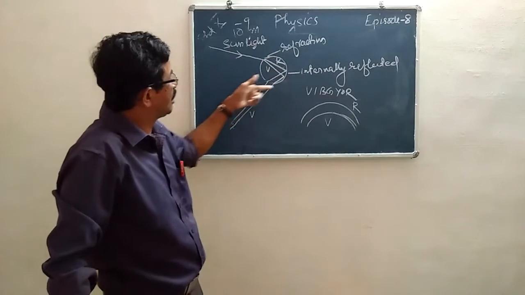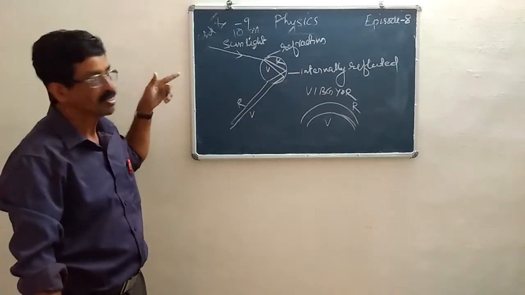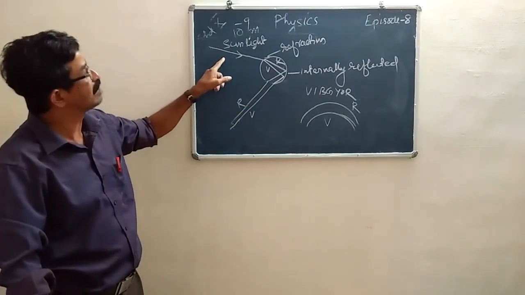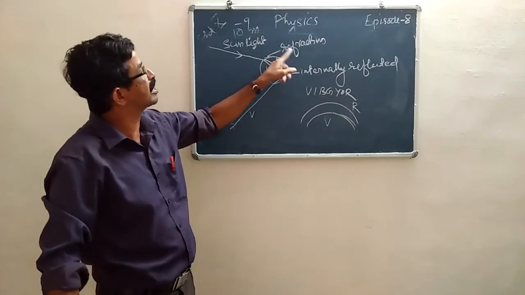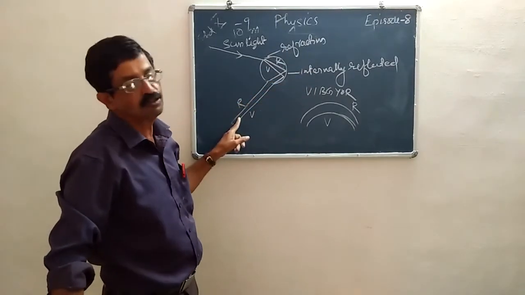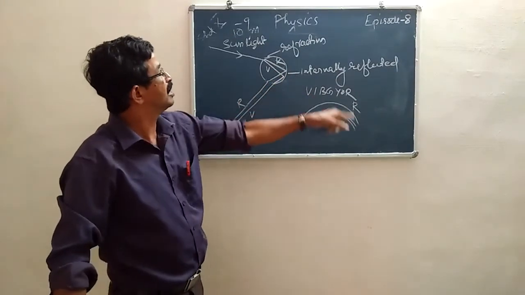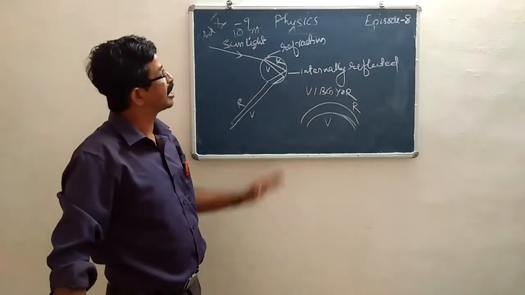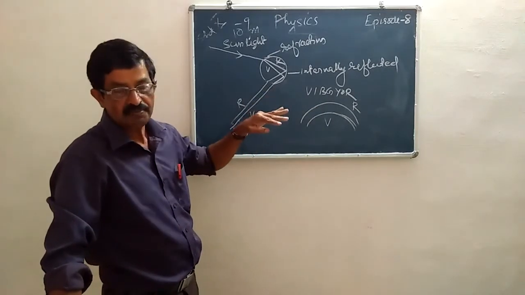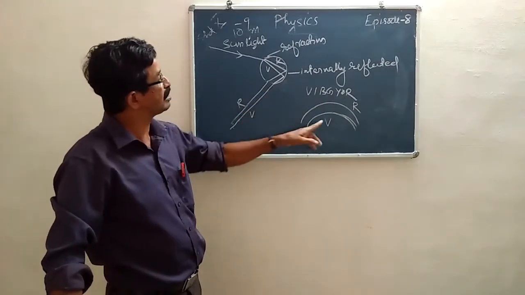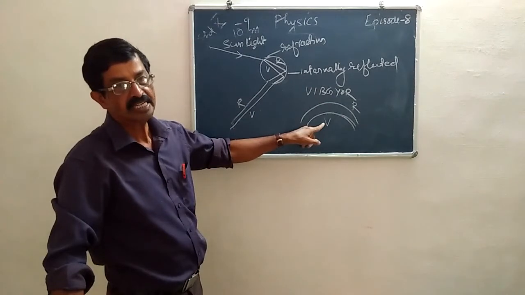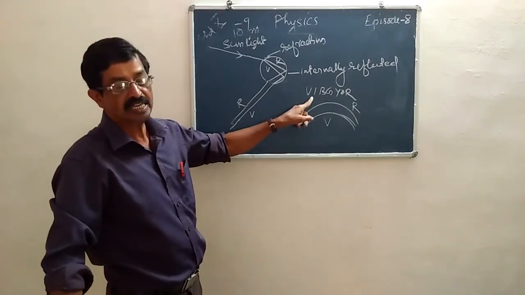And what things happen in a rain droplet? Refraction, internal reflection, refraction. Due to this, we get different colors. Usually we see a rainbow in the form of an arc, and its inner edge is violet and outer edge is red.